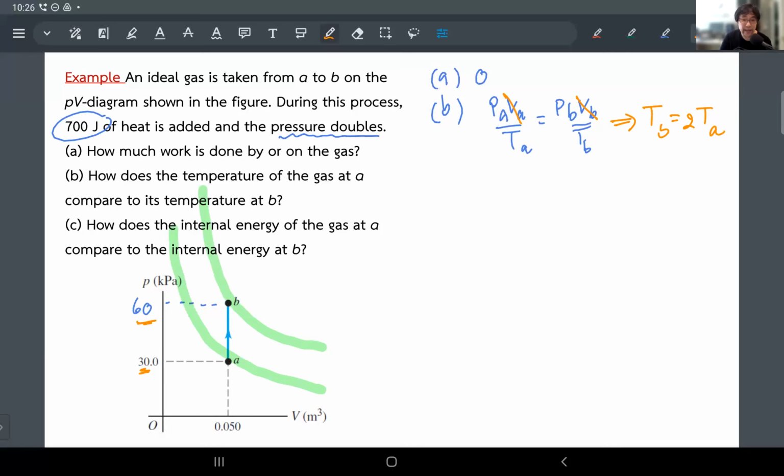Up to this point, it's just twice the temperature at A. But let's move on to part C first, shall we? Because part B is just asking how the temperature at A compares to B. You just say, okay, it's twice as big.